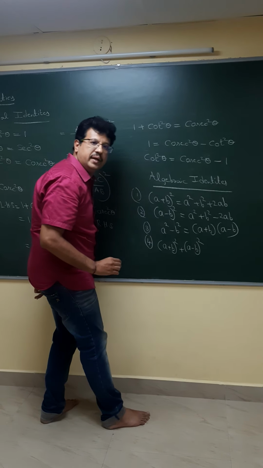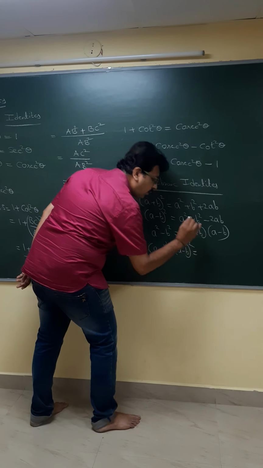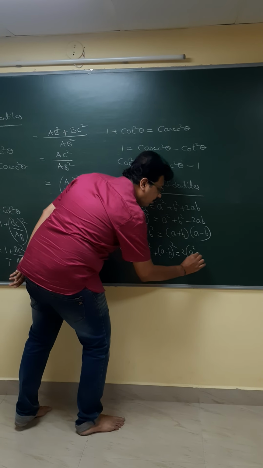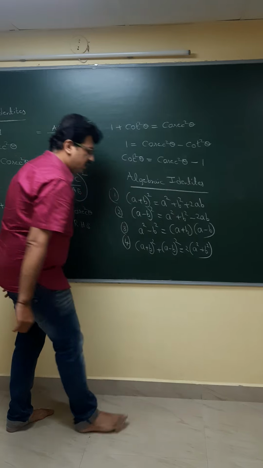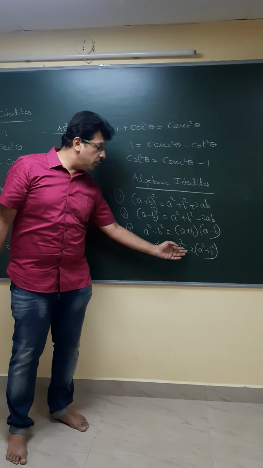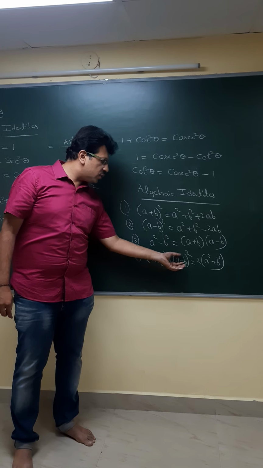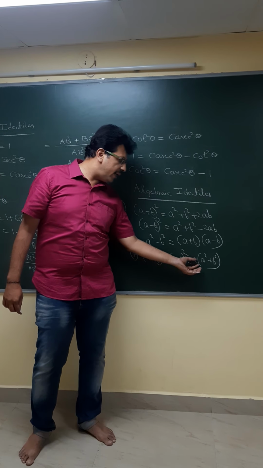If you add up these two, that is equal to 2 times a square plus b square. This is very important. You are going to use this in the problems.